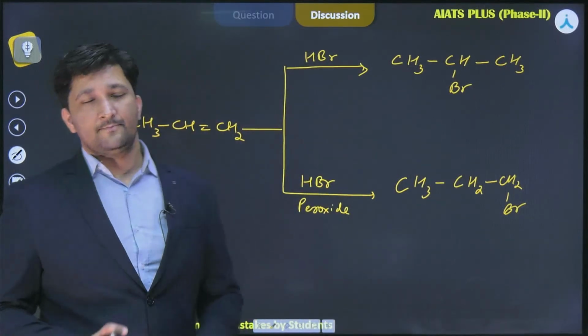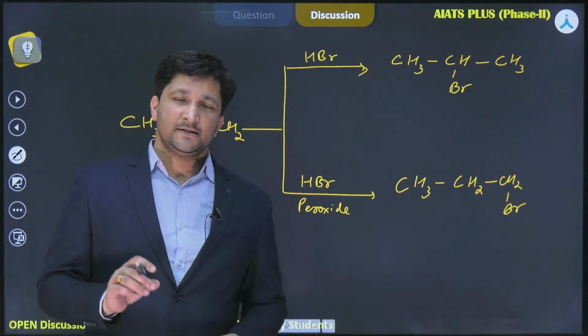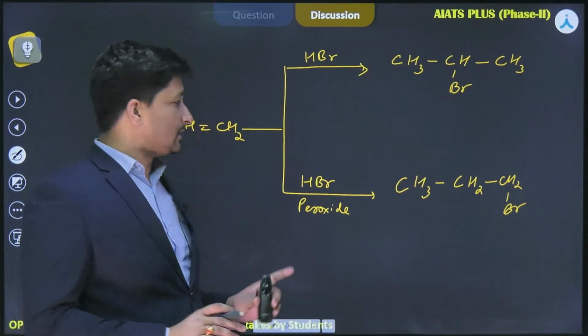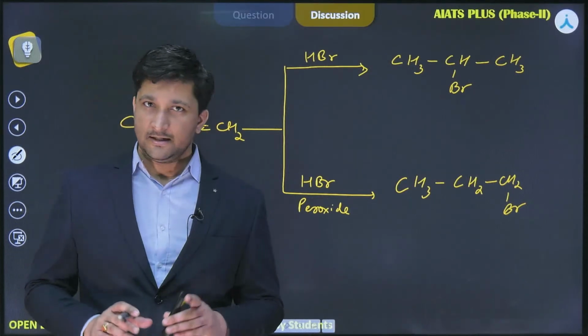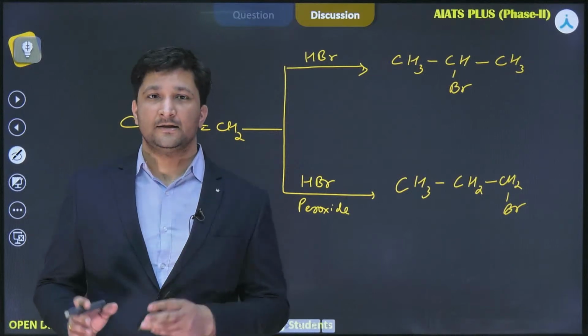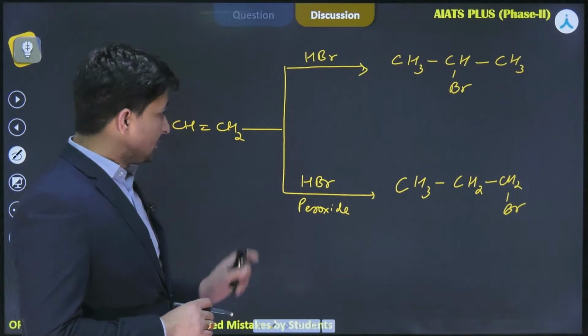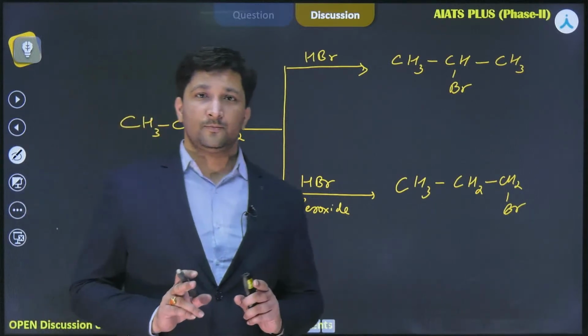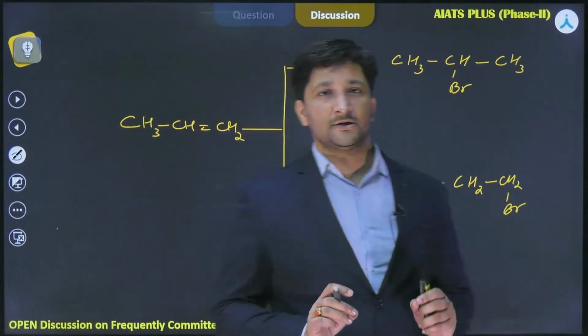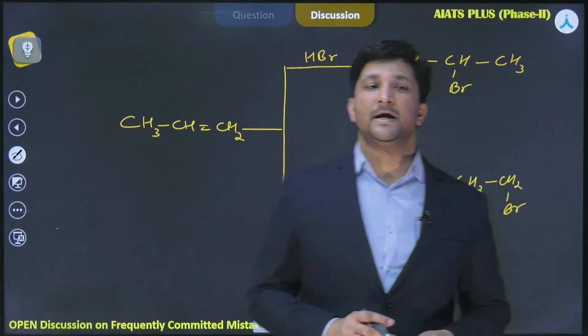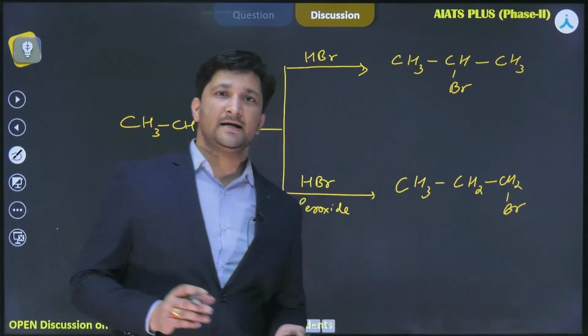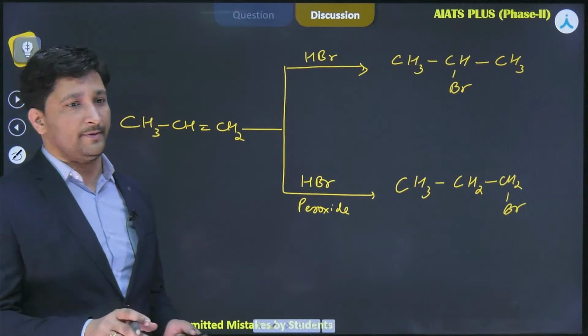Now one more very important thing you have to understand, that this peroxide effect works only for HBr. It does not work for HCl, and it does not work for HI also. The reason for this is that the bond strength in case of HCl is more as compared to HBr, and the free radical does not have that much energy to break that bond.